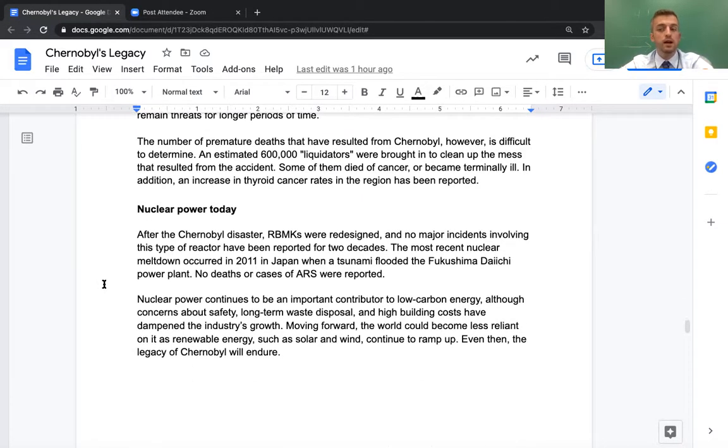Nuclear power today. After the Chernobyl disaster, RBMKs were redesigned and no major incidents involving this type of reactor have been reported for 2 decades. The most recent nuclear meltdown occurred in 2011 in Japan when a tsunami flooded the Fukushima Daiichi power plant. No deaths or cases of ARS were reported.